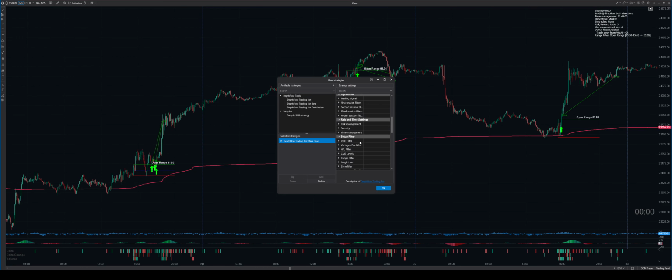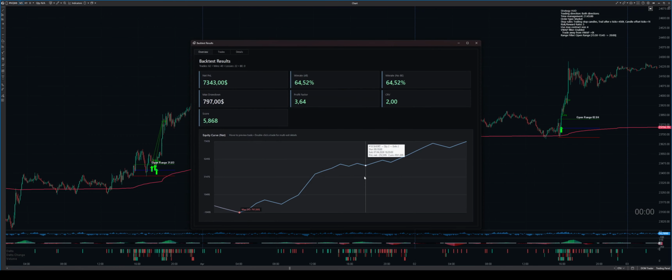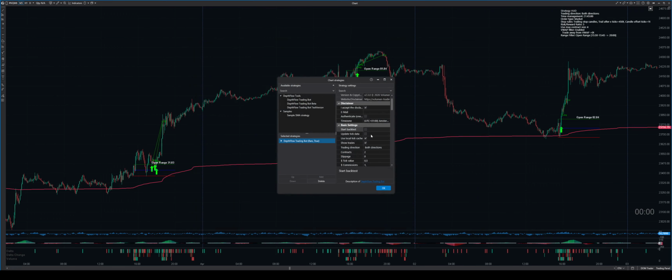That means point A, we can do that directly via the break-even setting, or we can say that it should start trailing, for example, only after 400 ticks or after 450 ticks. Yes, and I can see that, of course, I'm missing out on some really good trades because of that. That's why I want to give it a bit more room right here.